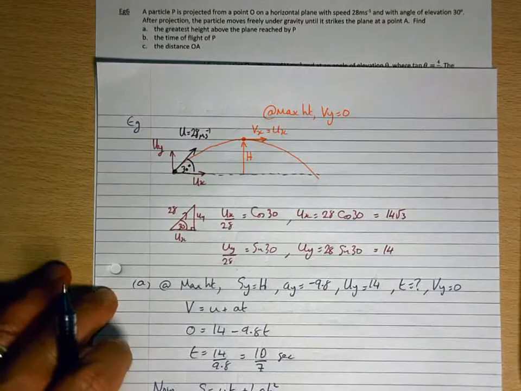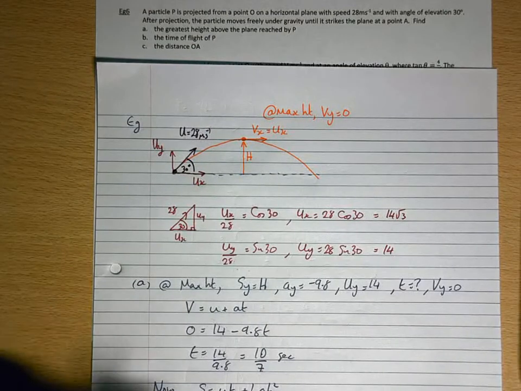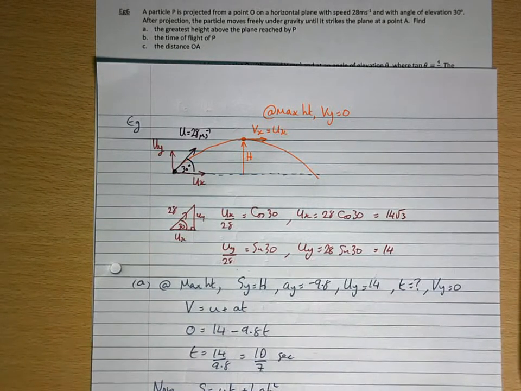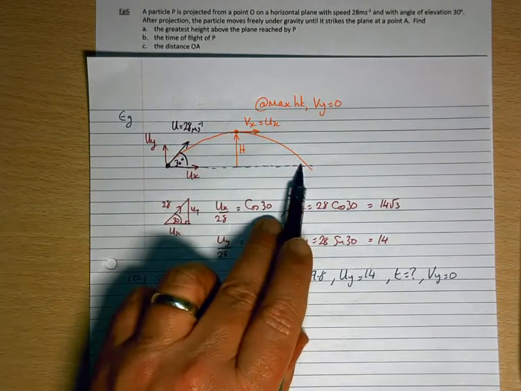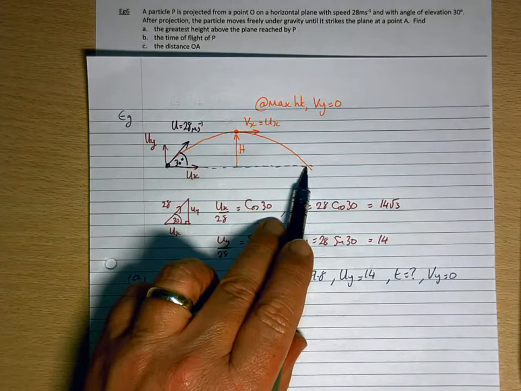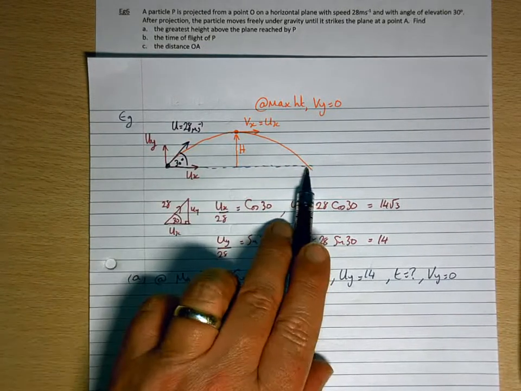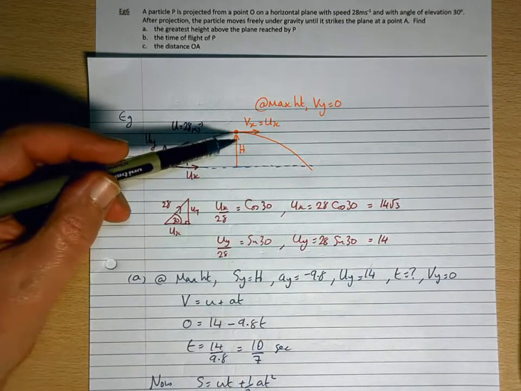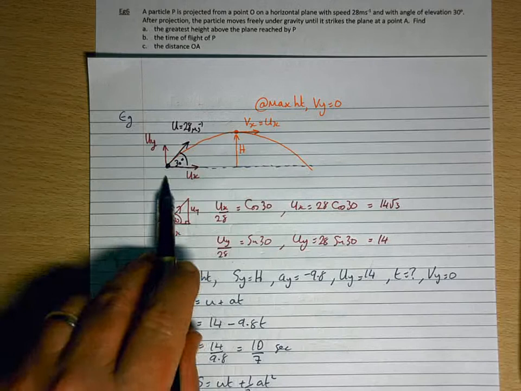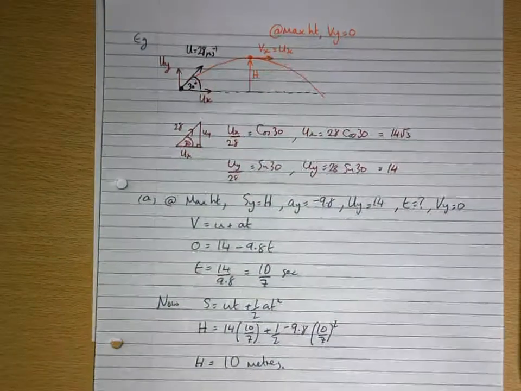Okay, let's go back to the question. The time of flight of P. If we consider the whole journey, when it reaches the ground, its vertical displacement is 0, because although it's risen as high as 10, it's then falling back to the ground.